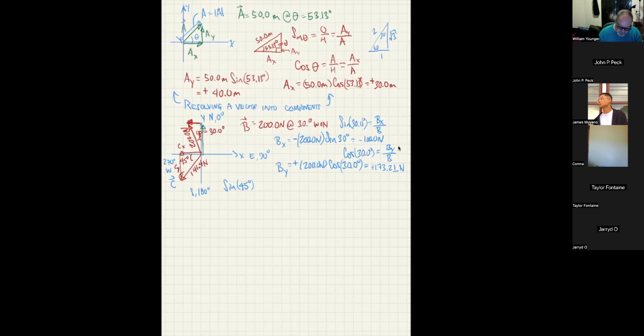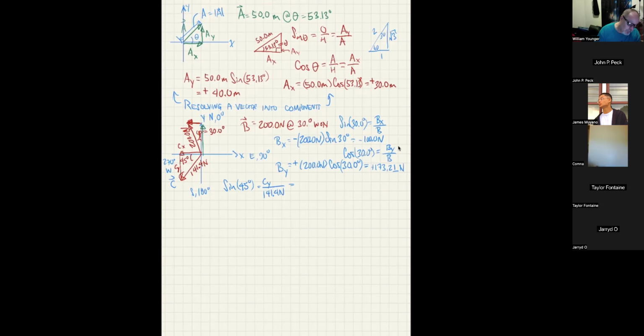Okay, so sine of 45 is actually going to be CY over 141.4 newtons. And if you remember anything about the sine of 45, it's 1 over the square root of 2. So that's basically going to give you 100.